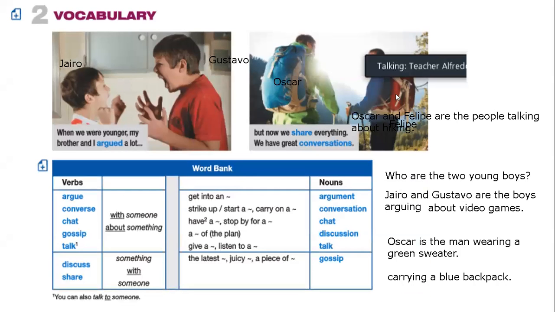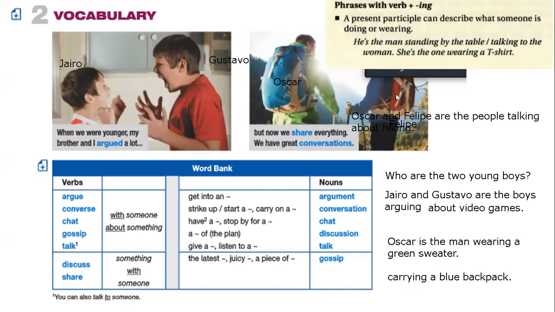And also you can talk about what these people are doing by using a verb in ing form. Okay, before closing this thing, remember that the verbs to identify someone or to say who someone is are argue, we have converse, chat, gossip, and talk. Okay, we use these ones. You can say, for example, argue about something.